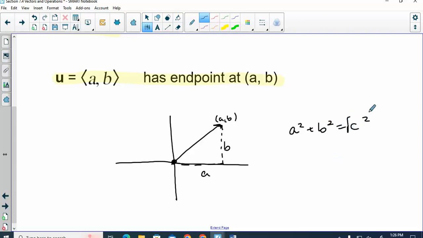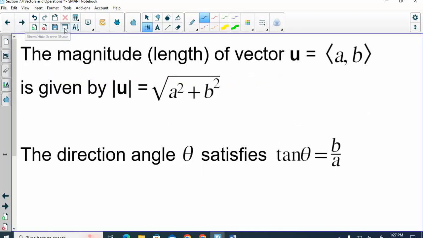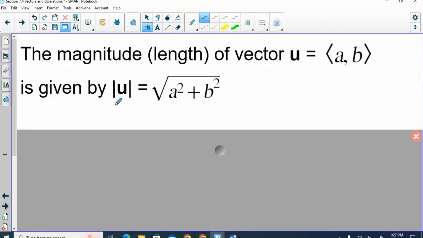So if you're solving for C, it's the square root of A squared plus B squared. So that's the magnitude. The notation for magnitude looks like absolute value bars around the vector. So that's the length, and it's just from the Pythagorean theorem, the square root of A squared plus B squared. That'll be on your formula sheet.